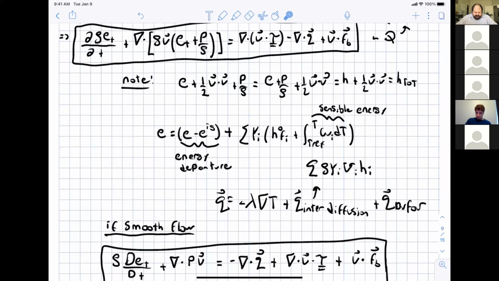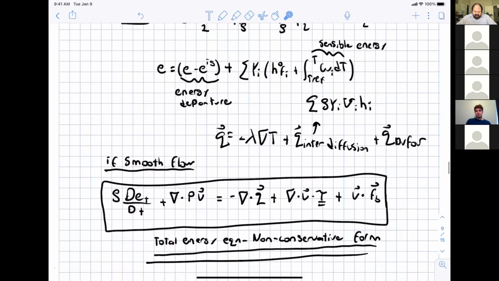Then, if the flow is smooth, you can use the equivalent of the product rule on these two terms and collect them like we did with conservation of mass, momentum, and species mass. When you do that, and if you cancel out conservation of mass, you wind up with this form here.